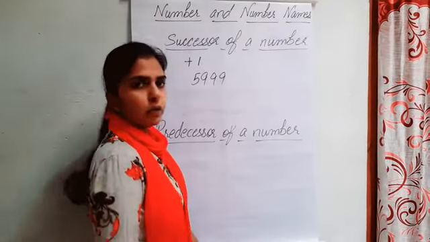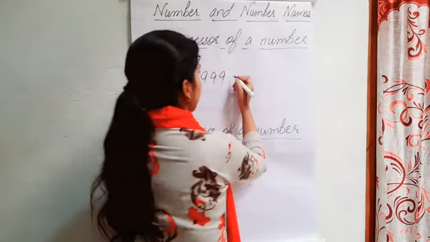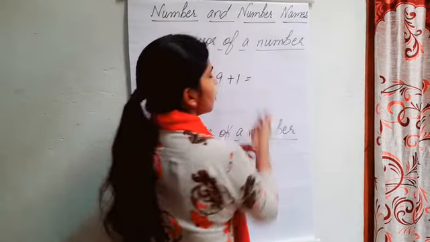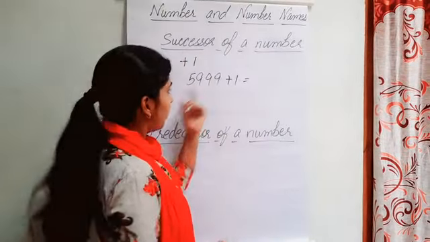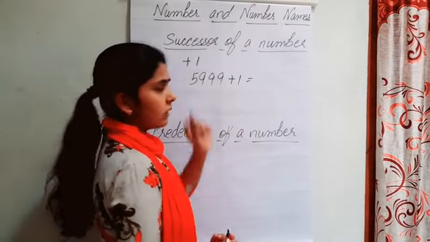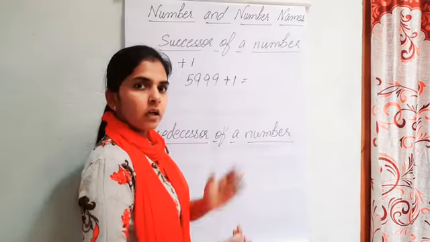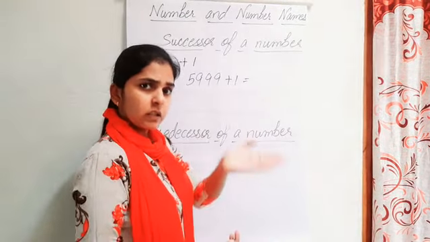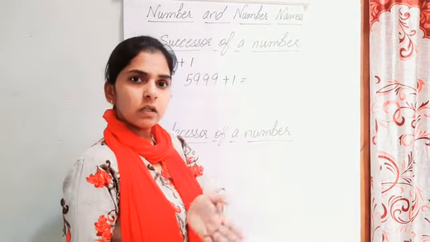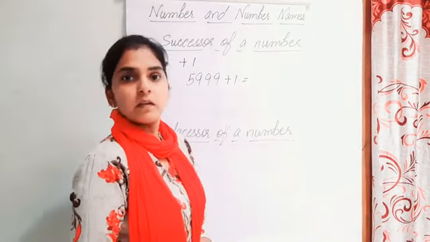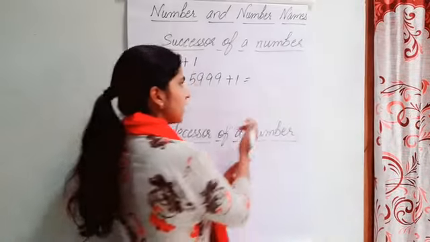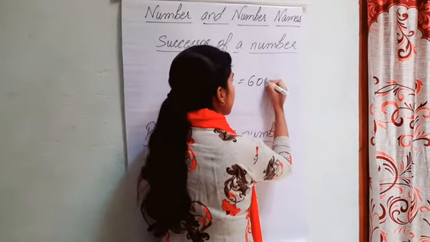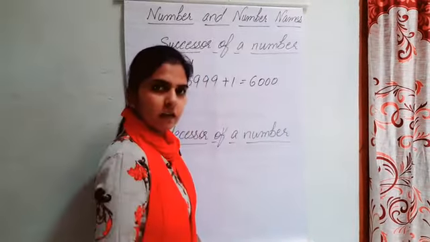So you will add 1 in this number. What will you get? When we add 1 in that number, we will get 5999 plus 1. It means next number. So next number will be 6000.